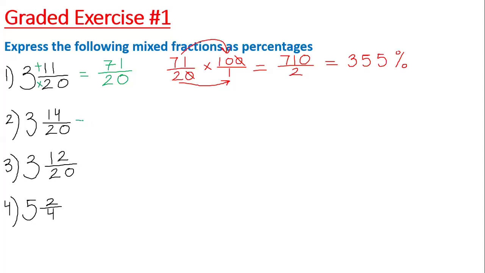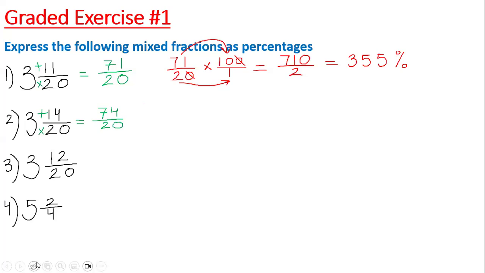That's going to be equal to... We'll multiply this by that. 3 times 20 is what? 60. 60 plus 14 is 74. That's going to be 74 over what? 74 over 20. Very good.